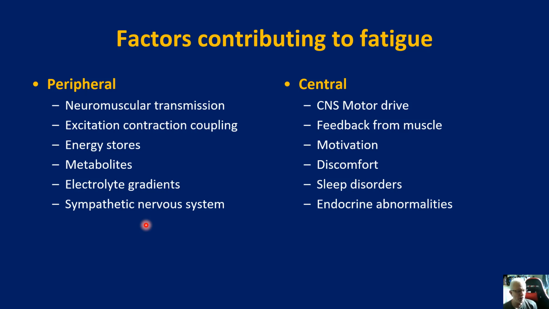So anything beyond that point. Anything prior to the neuromuscular junction, which is in essence the central nervous system, is considered to be centrally orientated fatigue. And that's why we get this distinction that you can see here, that these parameters really are very much associated with central nervous system, and these are very much associated with muscle-based function.